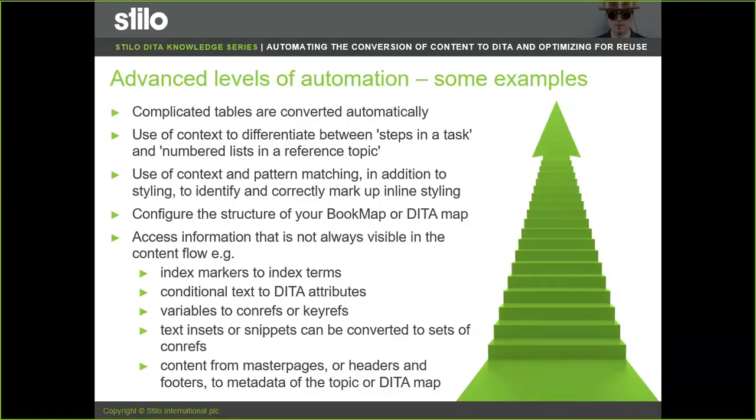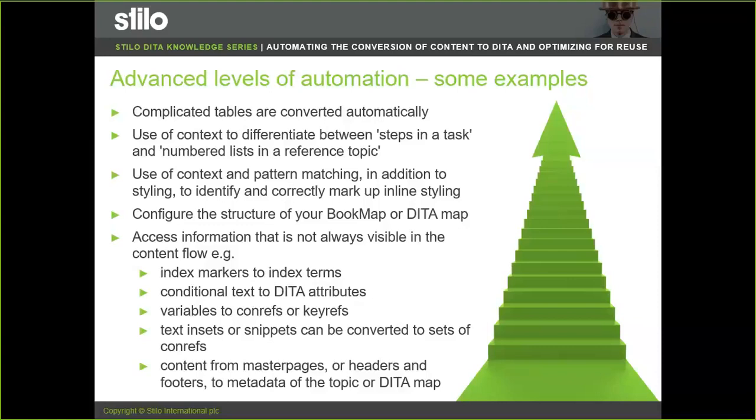However, it isn't adequate in all cases. It won't do everything because paragraph styles may be used for more than one thing. So, for example, you may use a numbered list style to indicate what would be a numbered list in a reference topic. You might use that exact same style to indicate steps in a task type topic.